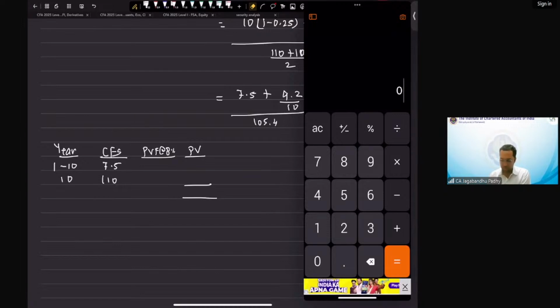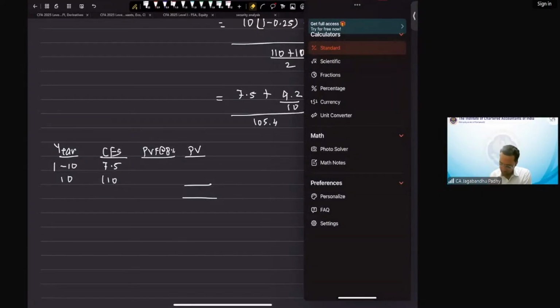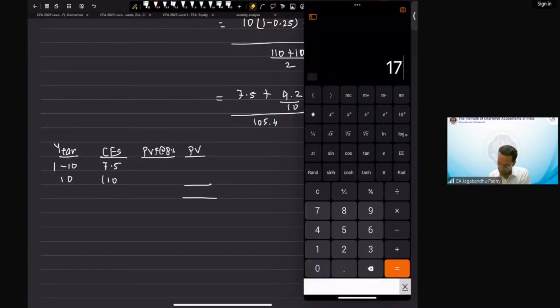So you can simply use the GT function in the calculator, or let me see if I've got it here. Yeah, I've got a memory function also. Before that, memory recall, nothing is there. Okay, 1 divided by 1.08.